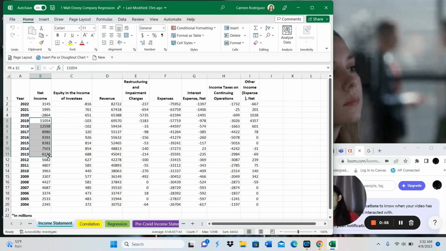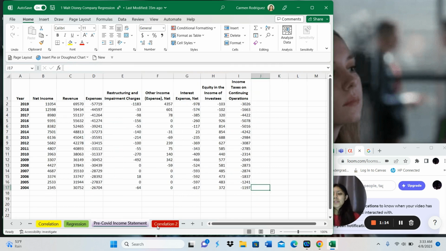As you can tell, here at the beginning in 2004, it's slowly increasing. And then after COVID-19, it suddenly falls. So that's why it's important to separate it. We want to do two different comparisons.